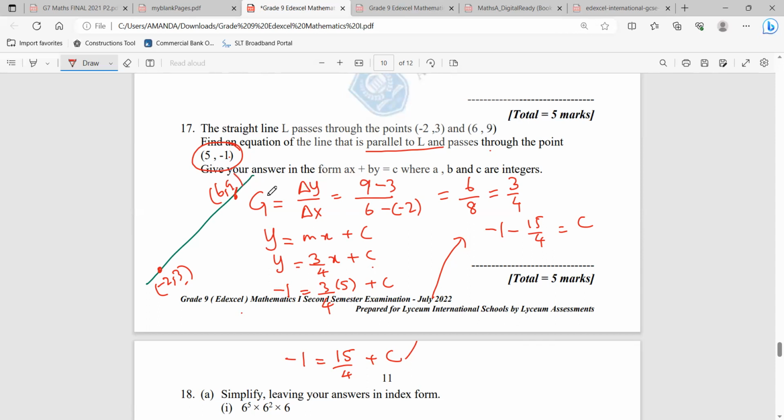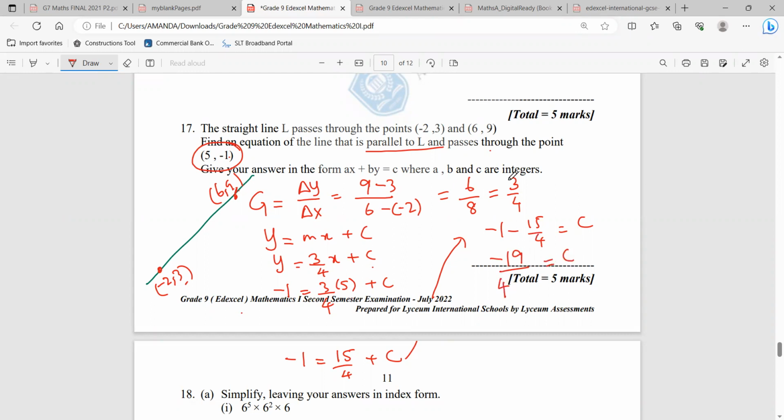Change in y, 9 minus 3, that's correct. And 6 minus -2, that's correct. Okay, nothing to do. So if I simplify, negative 19 divided by 4 equals c.